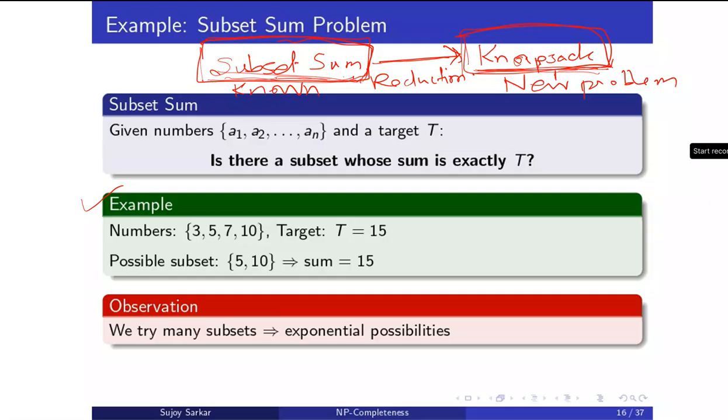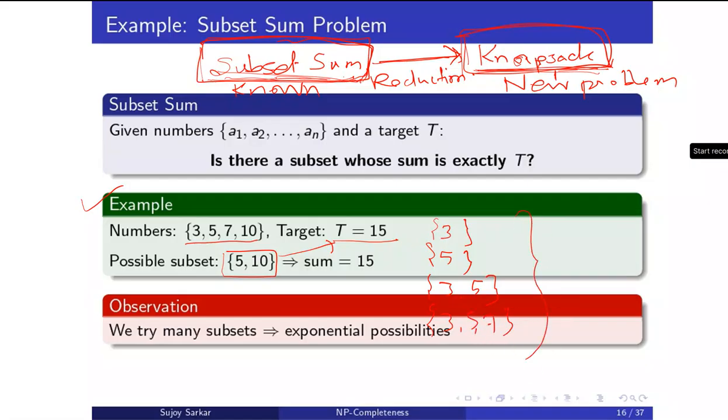So the subset sum problem we know: given a set and a target, the question we ask is, is there a subset whose sum equals the target? And how do we solve it? We can come up with all possible subsets. We can take all single items, or 2 items, or 3 items, and we can test.